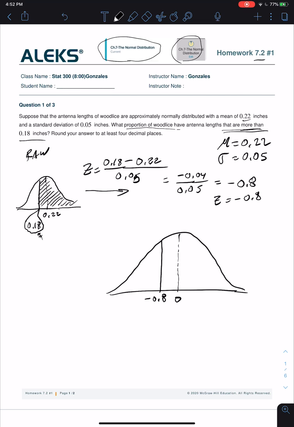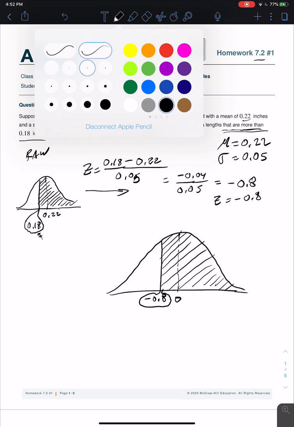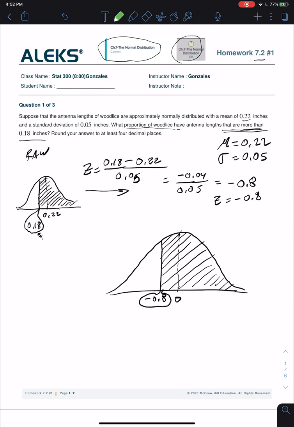We're looking for the lengths of antennas that are more than this, so it's going to be to the right. We run into the same little dilemma each time, because when we look up negative 0.8 on our table, it gives us the area to the left, because that's what z-tables do.